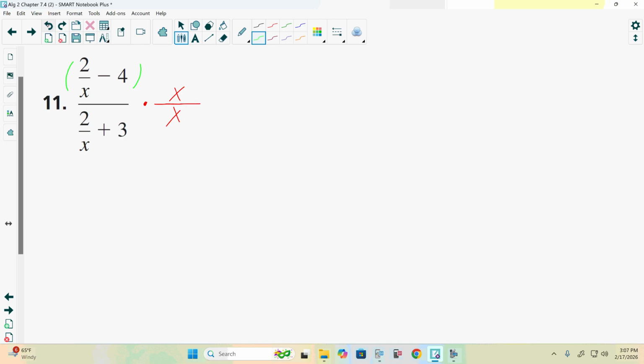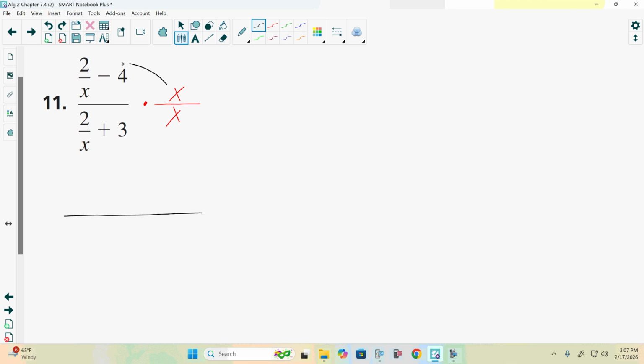If it wasn't for the subtraction on top and addition on bottom, yeah, we can just cross them out. Because of that, we've got to multiply through by x to reduce.